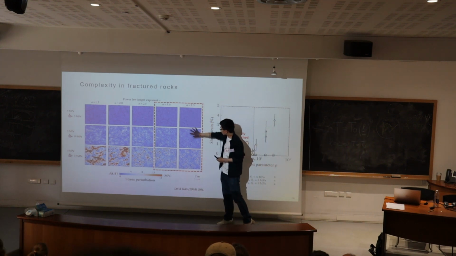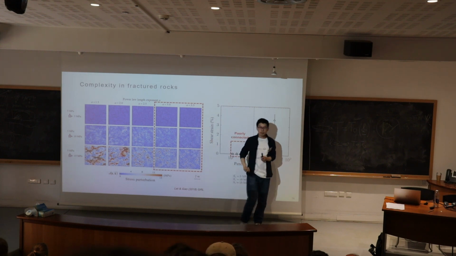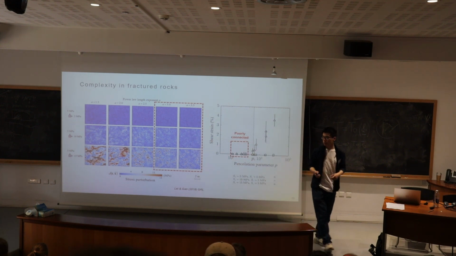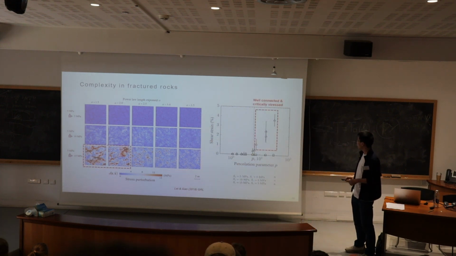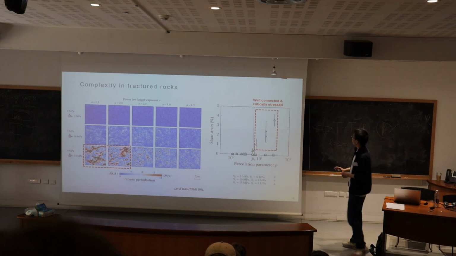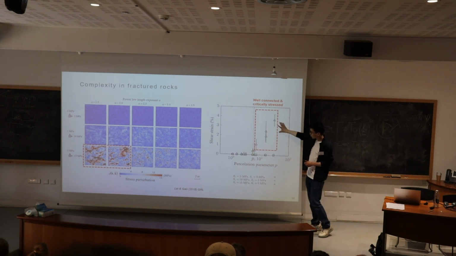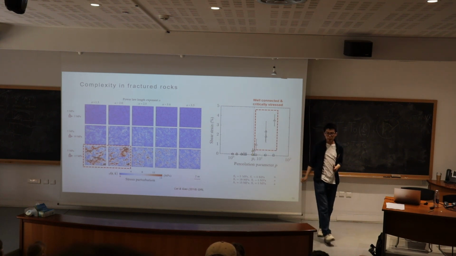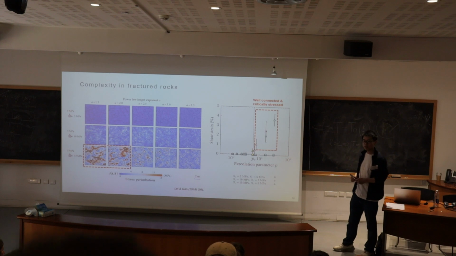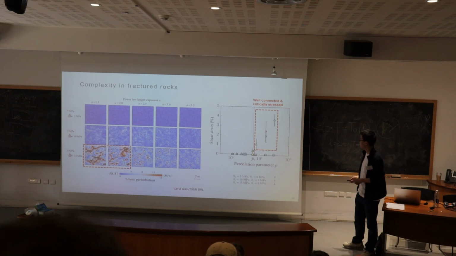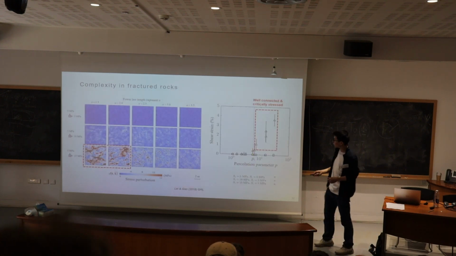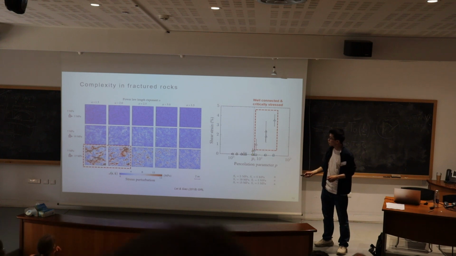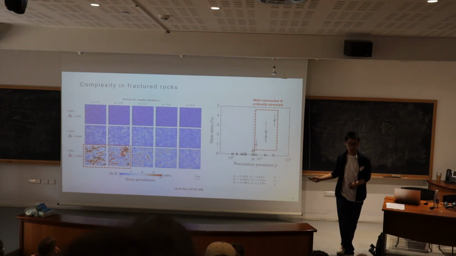Also, for this case, the fractures are quite small, so the interaction is very small. And when the system is well connected and also critically stressed, we see a significant increase of the deformability of the rock mass.